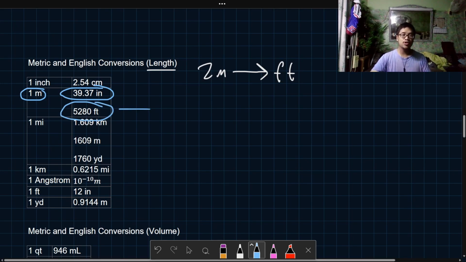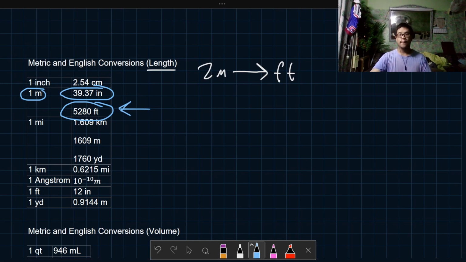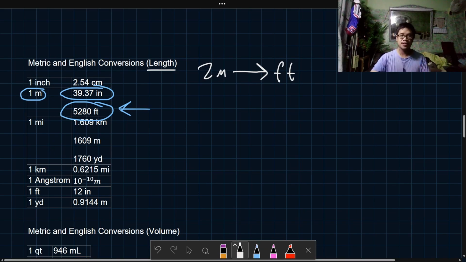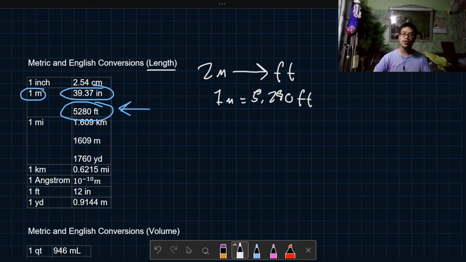Of course, we're going to pick this one because we are converting meters to feet. The goal here is to convert into feet, so we will use this one: 1 meter is equivalent to 5,280 feet. Because of that, we're going to apply dimensional analysis.